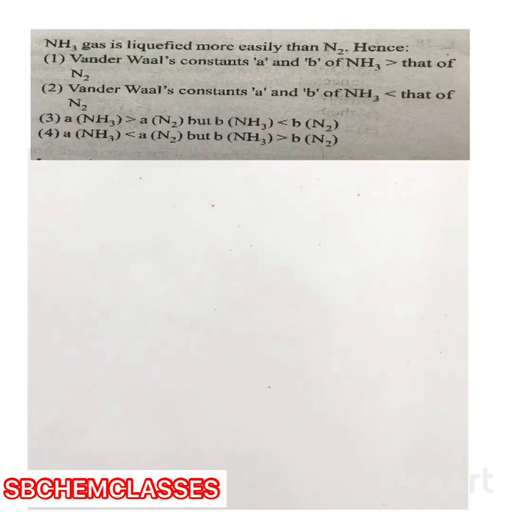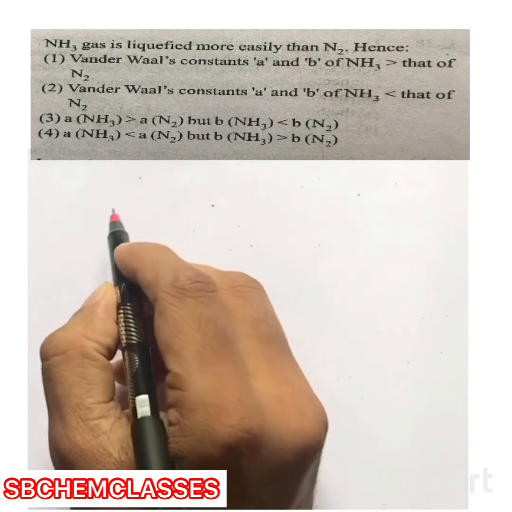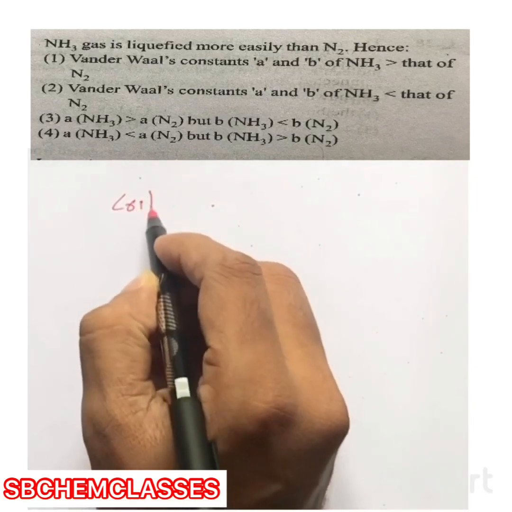NH3 gas is liquefied more easily than N2, hence the van der Waals constants a and b of ammonia and N2 are to be compared. We know critical temperature.